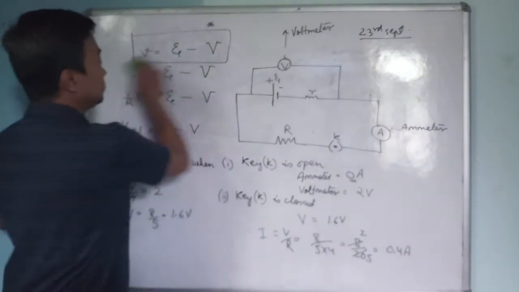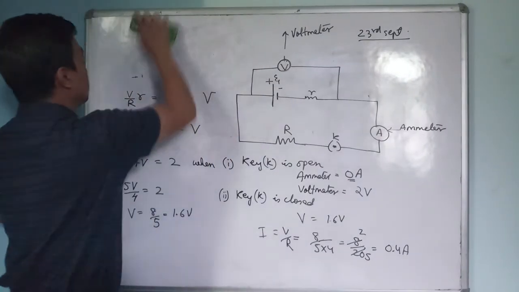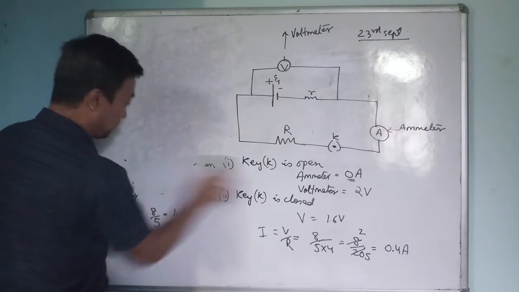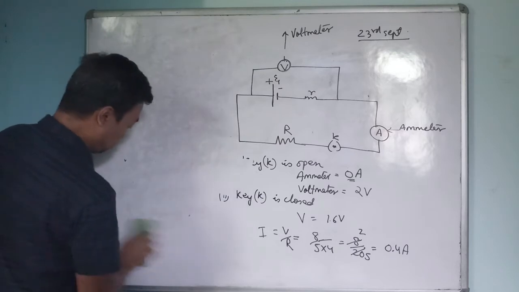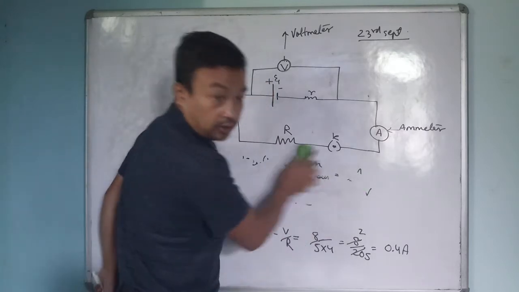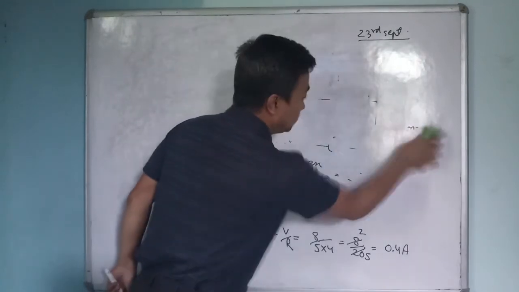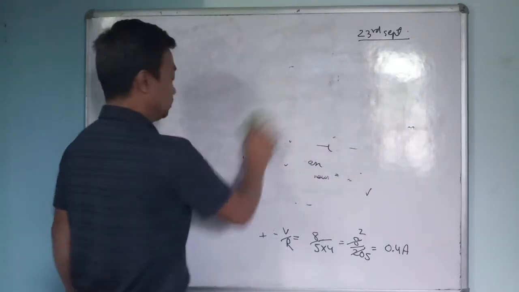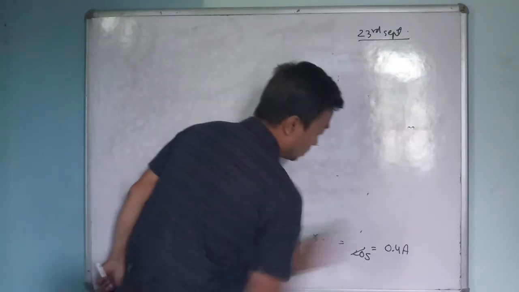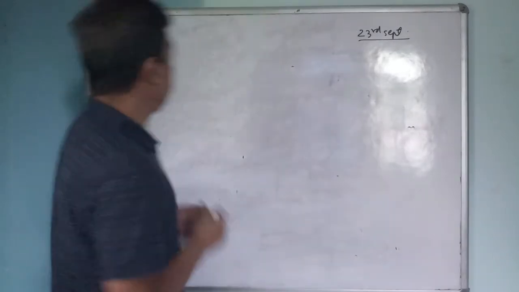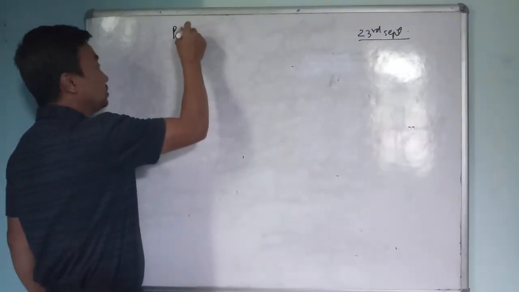Question number 5. In question number 5 also you have to use this EMF of a cell. If you read that question number 5, it is given there. Let me rub this quickly. It is on the same page, number 201.